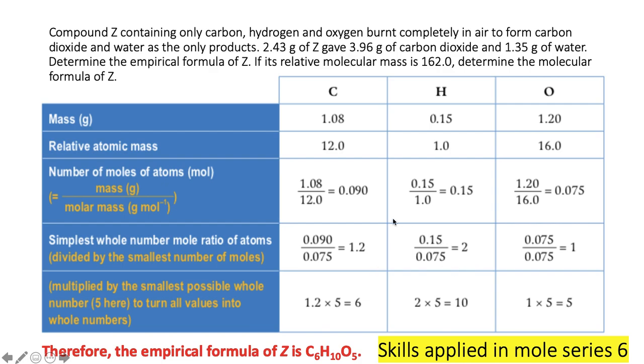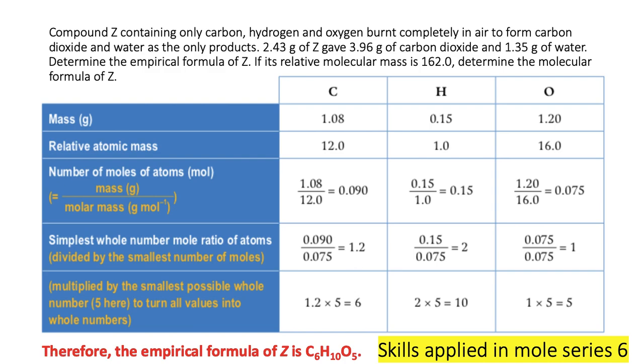I would like to draw your attention to how you convert the mole ratio. You find 0.09, 0.15, and 0.075, and then you define the smallest number to find the whole number ratio. You divide, and you get 1 to 2, 2 and 1, and eventually you try to make it whole numbers.